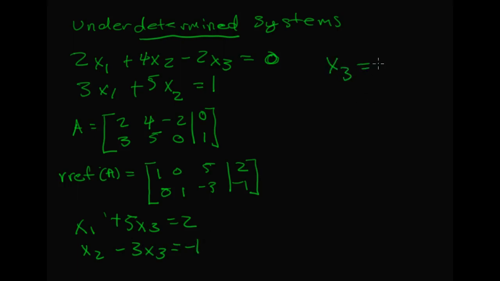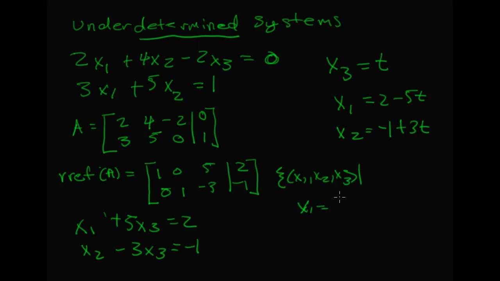But it's kind of helpful because if I let x3 be t, then x1 has to be 2 minus 5t, and x2 has to be negative 1 plus 3t. So I can write out my solution set of x1, x2, x3 such that x1 is equal to 2 minus 5t, x2 is equal to negative 1 plus 3t, and x3 is equal to t, provided that t is an element of the reals.